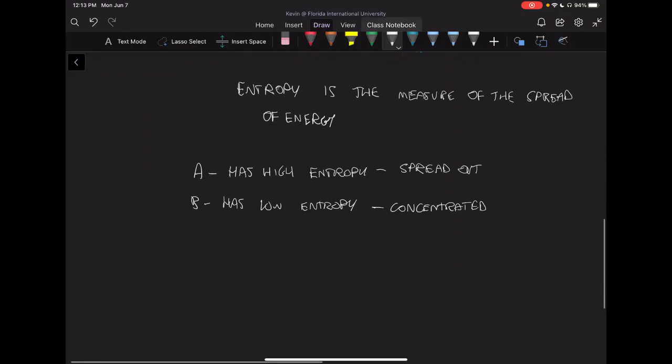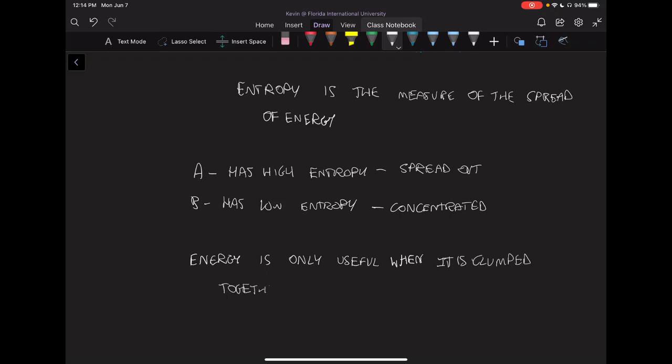What we can conclude from this is that energy is only useful when it is clumped together. So we're only interested in systems that have very low entropy and go towards high entropy.